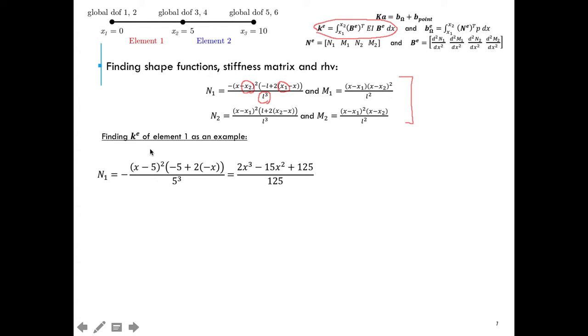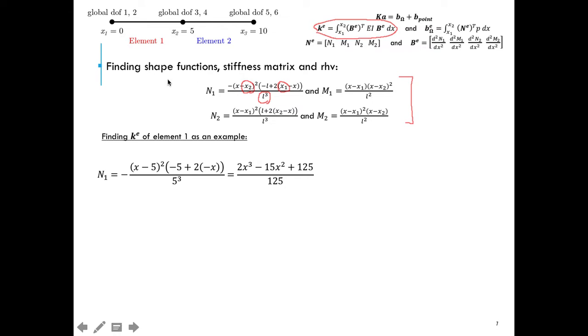So if I do this for n1, then I get x minus x2. What is x2? x2 is 5. So x minus 5 whole squared, bracket close and next bracket open, minus L. L is the length of the element, which is 5, plus 2 times x1. What is x1? 0.